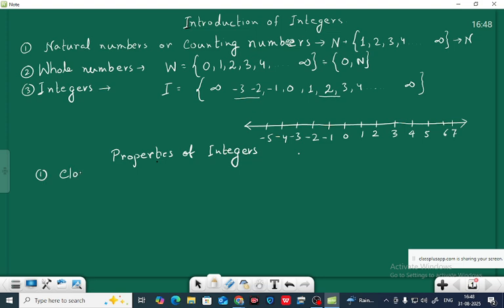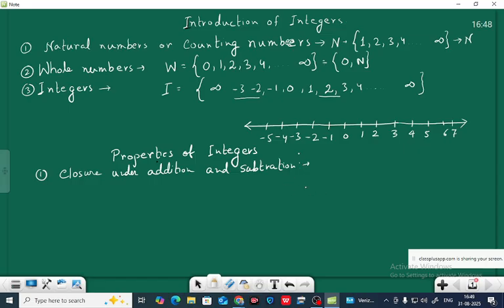What is that? Closure under addition and subtraction.